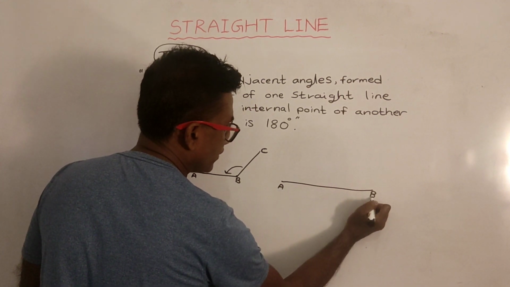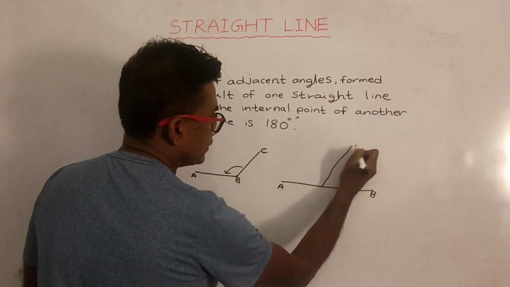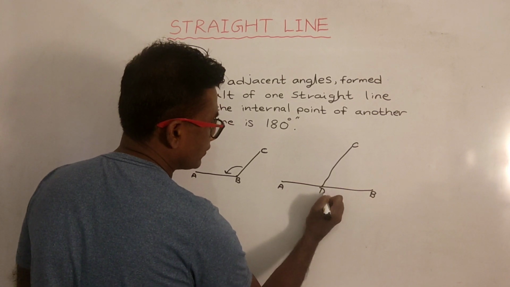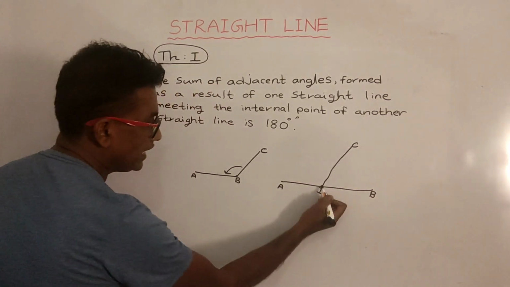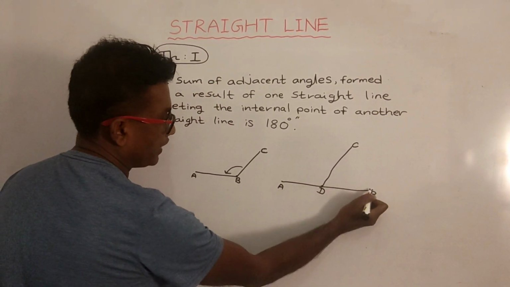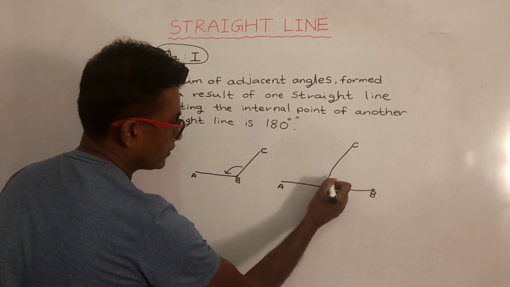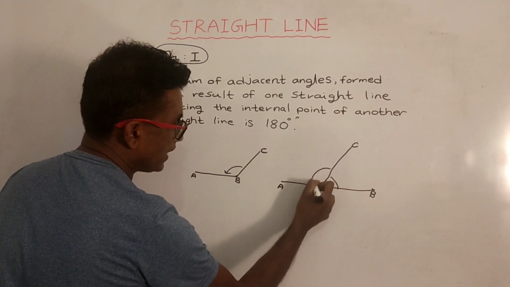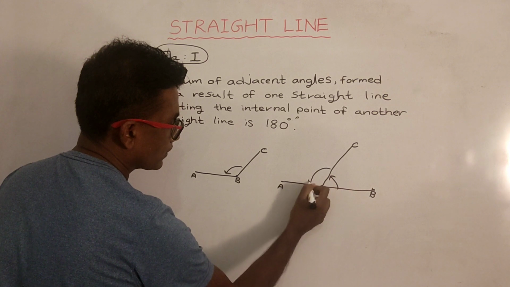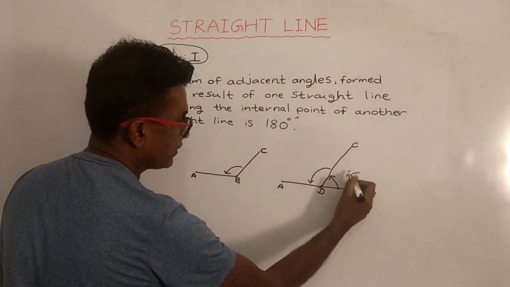Let us assume this is AB and this is another straight line CD. So D here is an internal point of AB. As a result, two adjacent angles are formed. What are these adjacent angles?